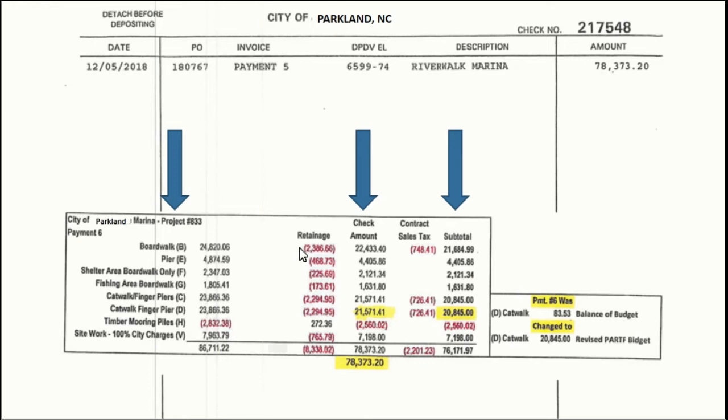The third column withheld retainage, to then give the check amount. Following, she noted any sales tax applicable to each scope item. After removing that, she shows the subtotal amount submitted to PARTF for reimbursement.